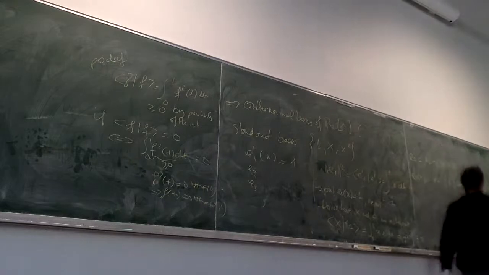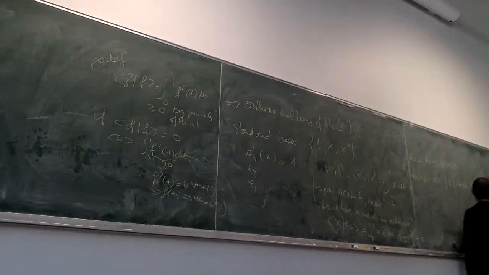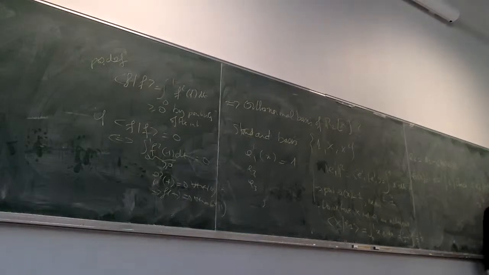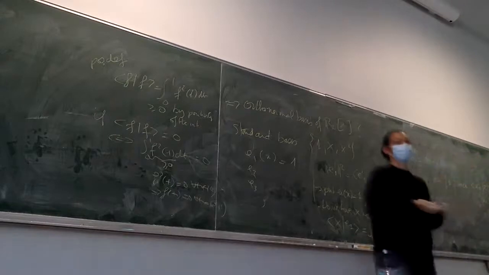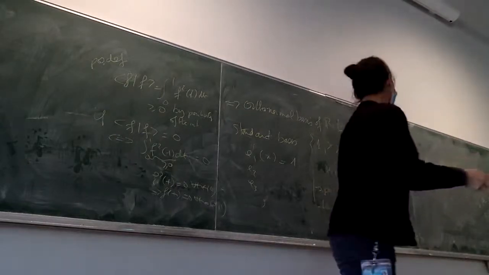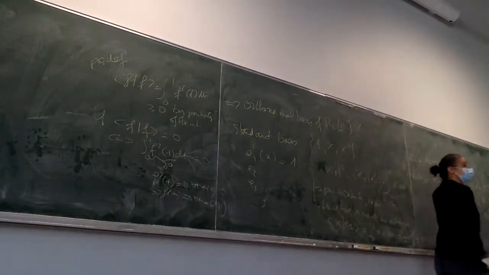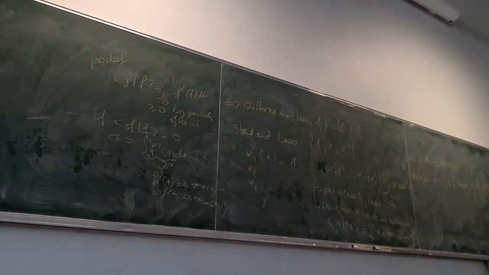What do we get? Indeed, do we have that the integral between 0 and 1 of x minus 1 over 2 times 1 dx is equal to 0? That's indeed equal to 0. Fine. If you're not sure about your calculations, you can always check that it works. It's really orthogonal.